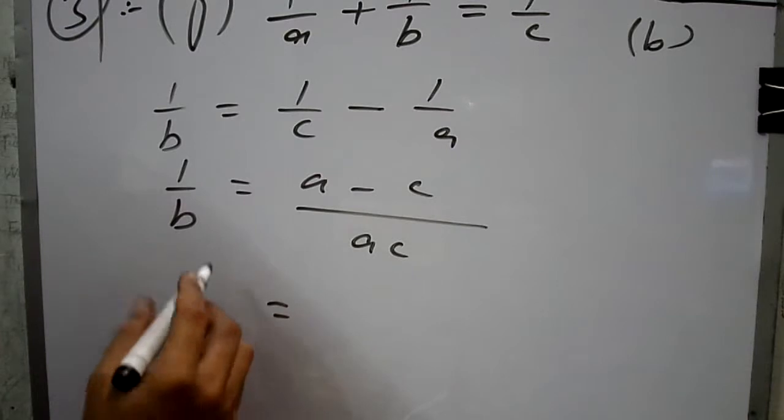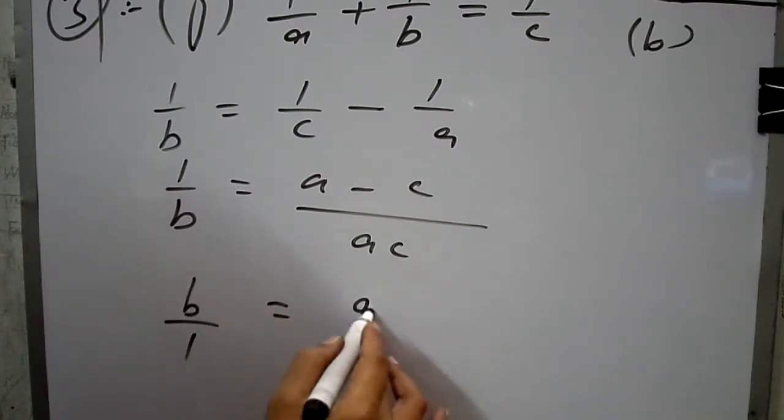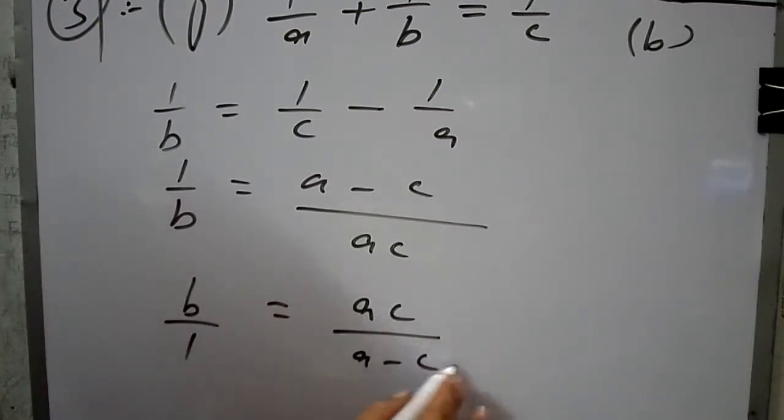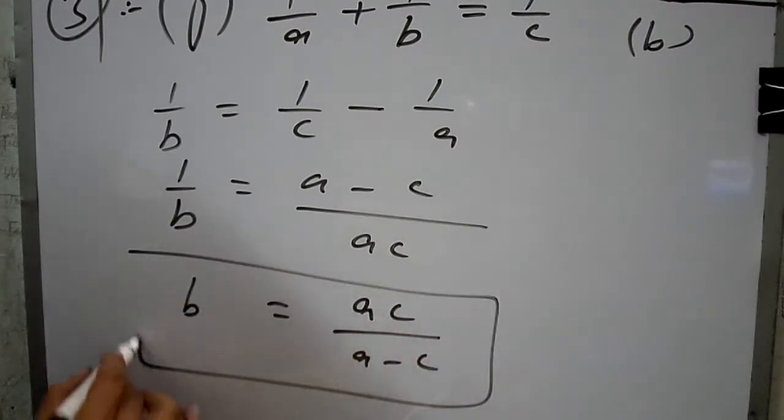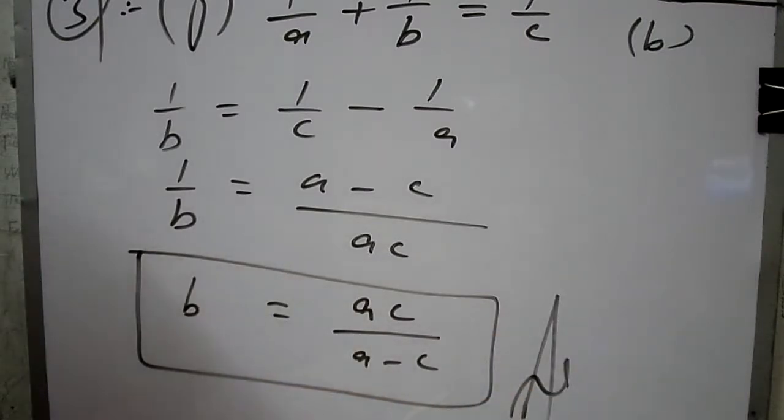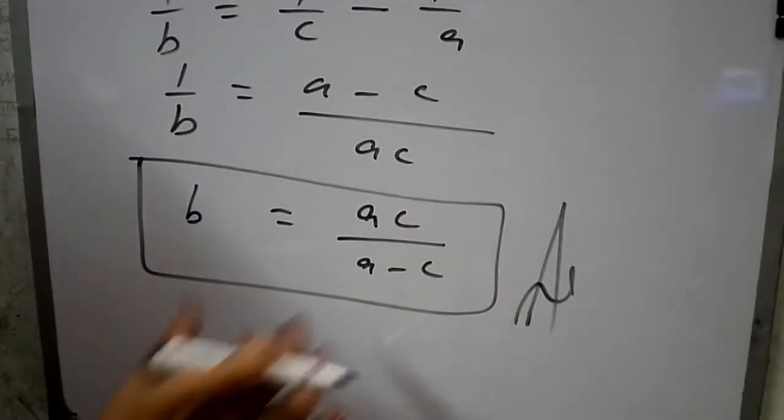When it becomes B by 1, the right side will also be inverted, that is AC divided by A minus C. So 1 no need to write, because a denominator of 1 need not be written, so that is your answer, because you have made B the subject.